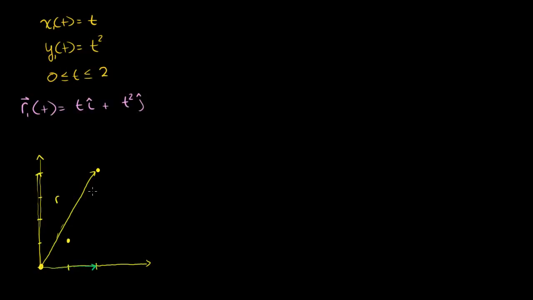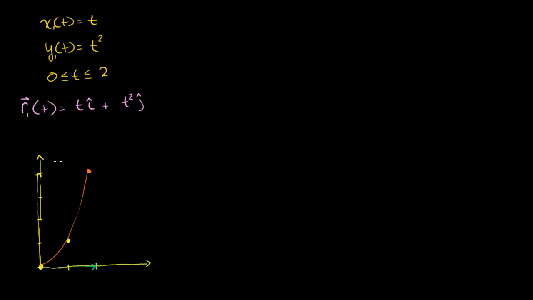And I want to get rid of these arrows, just because I want it to be a nice, clean drawing. So it's going to be a parabola. Well, that's not it. Let me get rid of that other point too. Just draw it exactly where it needs to be. It needs to be right there. And my parabola, or part of my parabola, is going to look something like that. All right, good enough. So this is the first parameterization.